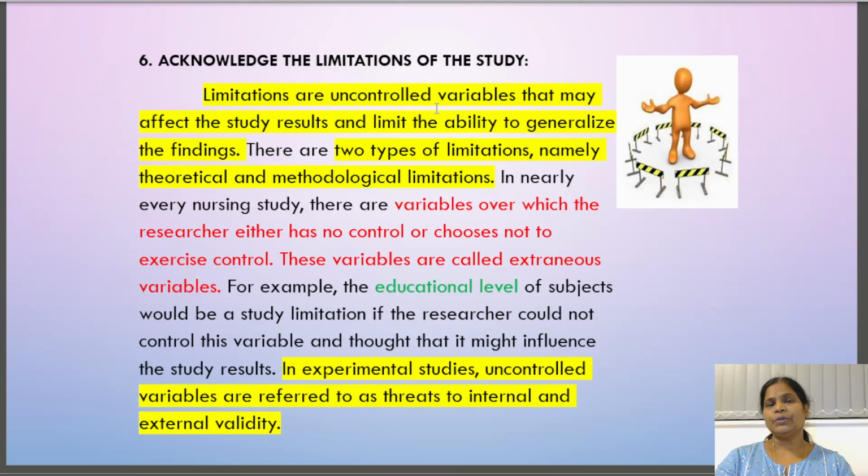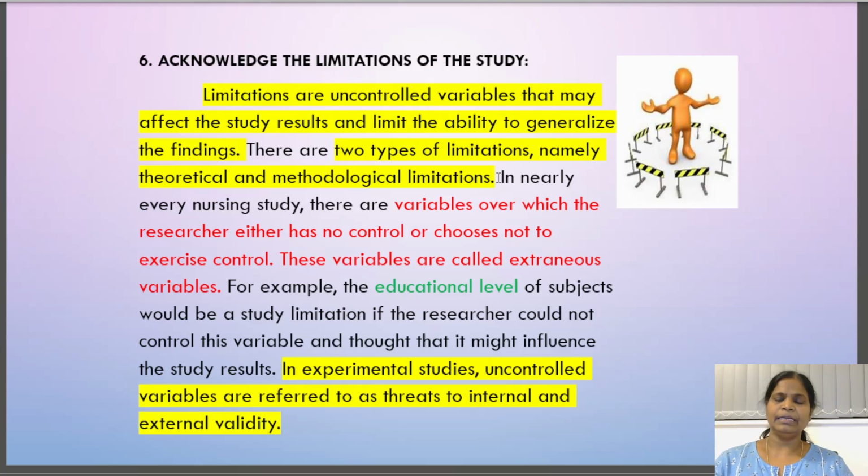But when coming to limitations, these are certain variables which are not under the study or which are not controlled. And if they are not controlled, the study results may affect the generalization of the findings. There are two types of limitations, theoretical limitations and methodological limitations.